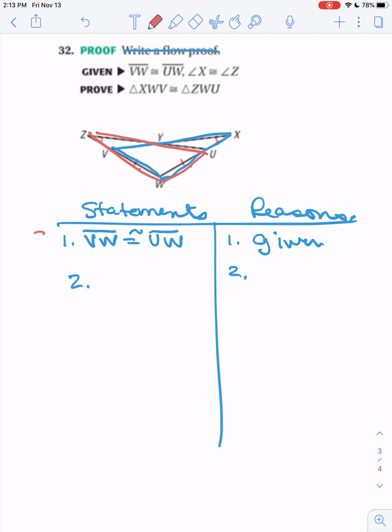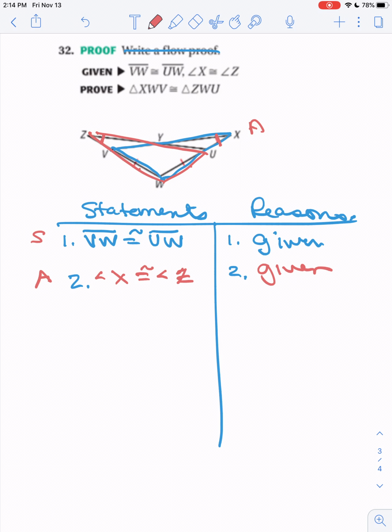So far we have a side. Next thing they tell us is that angle X, it's right here, is congruent to angle Z. That gives us an A. That's good. So I'm going to go ahead and write that down. Angle X is congruent to angle Z, and that's given. And so we have a side and we have an angle.